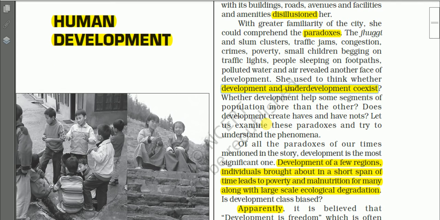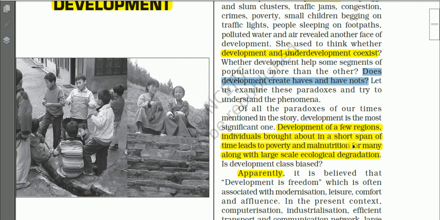So she started thinking whether development and underdevelopment coexist side by side, whether development helps some segment of the population more than others, and does development create haves and have-nots? That means does development create rich and poor? So let us examine these paradoxes and try to understand the phenomena in the big cities.